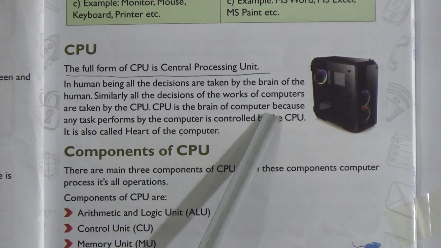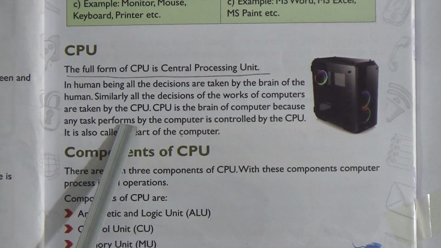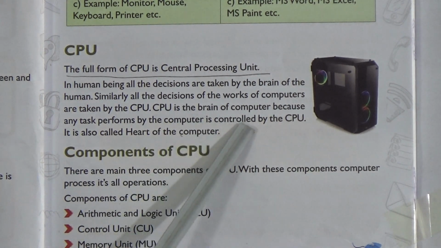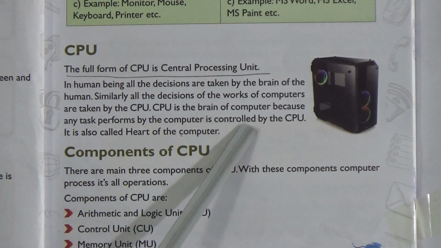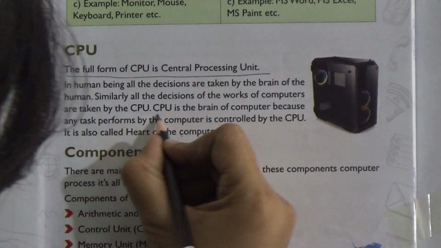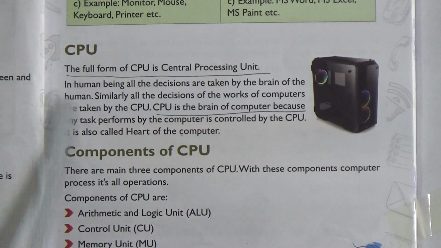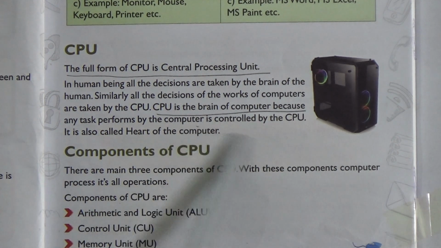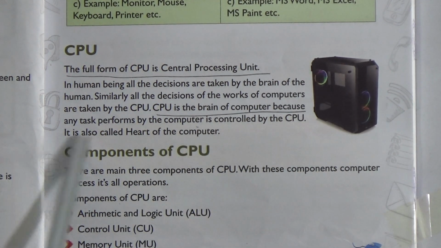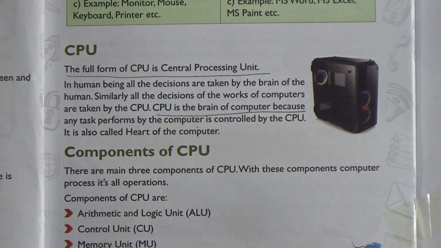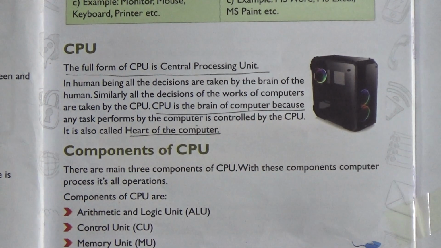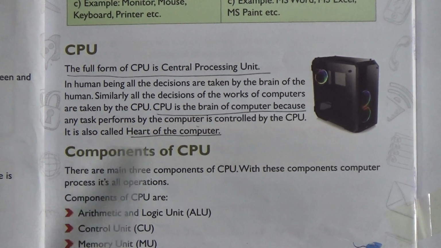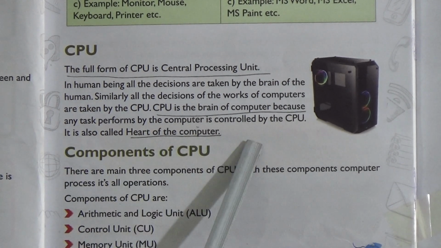CPU is the brain of the computer because any task performed by the computer is controlled by the CPU. It is also called the heart of the computer.